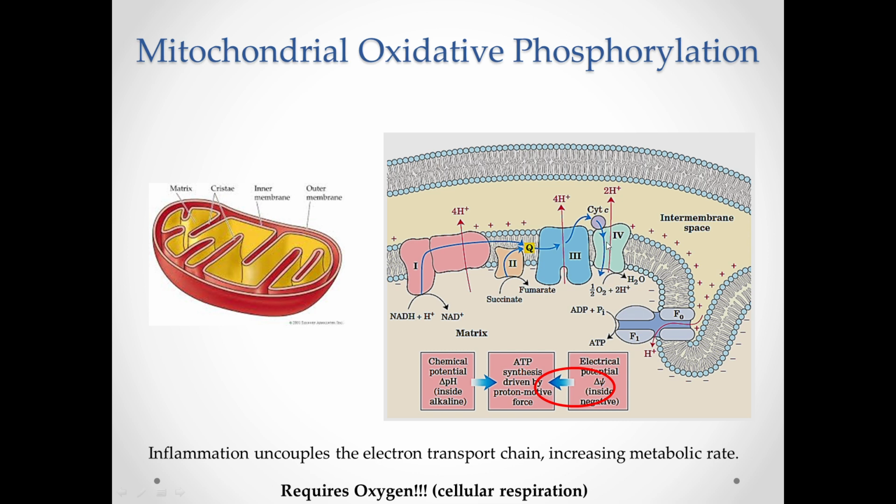Because hydrogens have a positive charge, the inner membrane space has a greater positive charge relative to the mitochondrial matrix, which is relatively negatively charged. So protons flow across this inner membrane through a channel called ATP synthase. And the flow of protons through this channel drives the conversion of ADP to ATP.